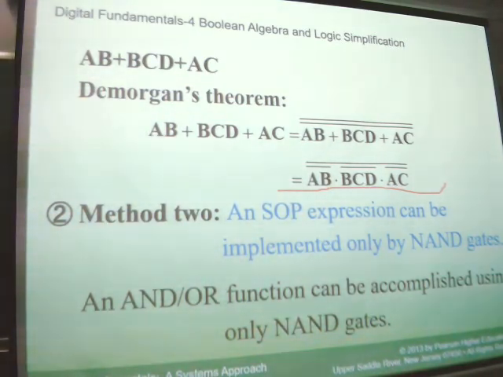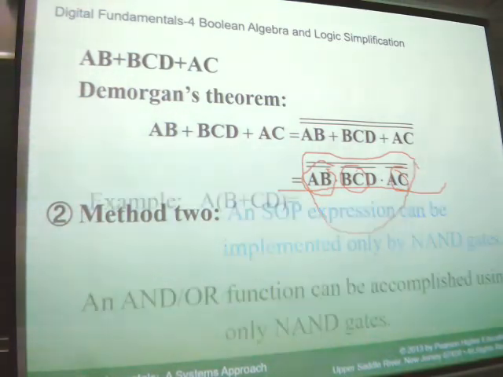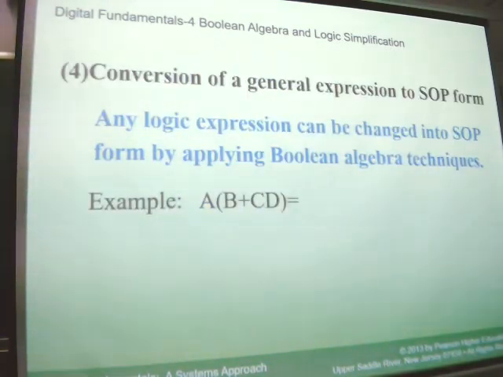There are four NAND gates: 1, 2, 3, and 4. So there are 4 NAND gates. Three NAND gates, then one NAND gate.